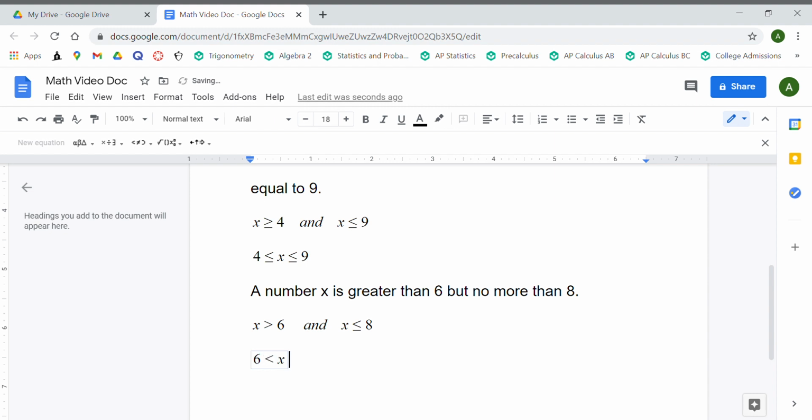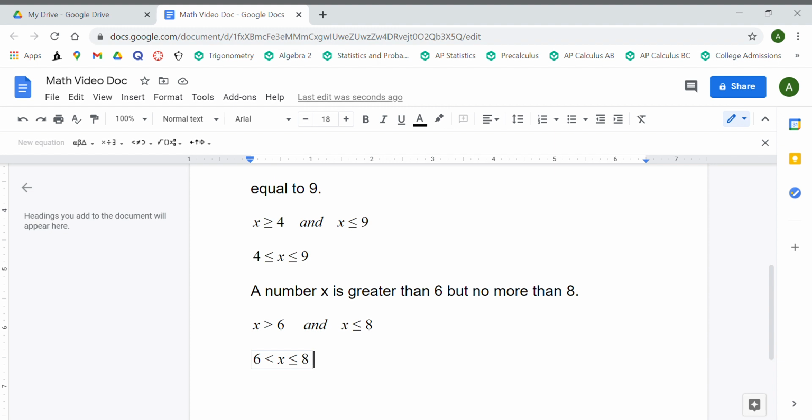You will notice I will always have to flip the one that's pointing to the right. In a formal compound inequality, all the symbols must be pointing to the left, not to the right. It gives a better idea of what part of the number line the inequality represents. So we have 6 is less than x, which is less than or equal to 8.